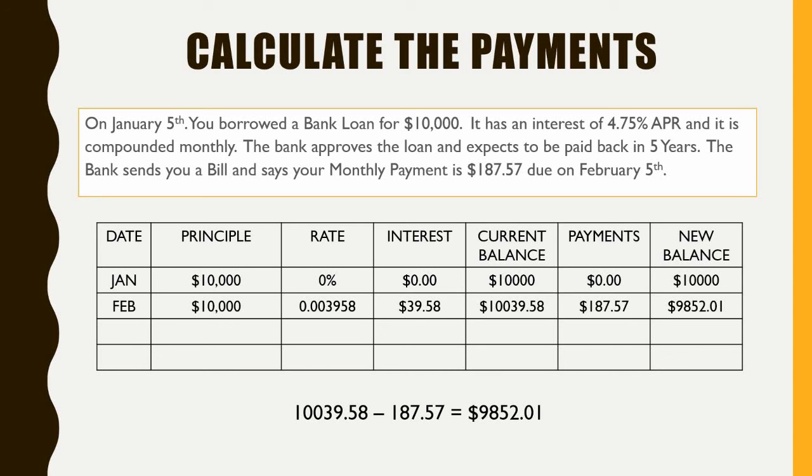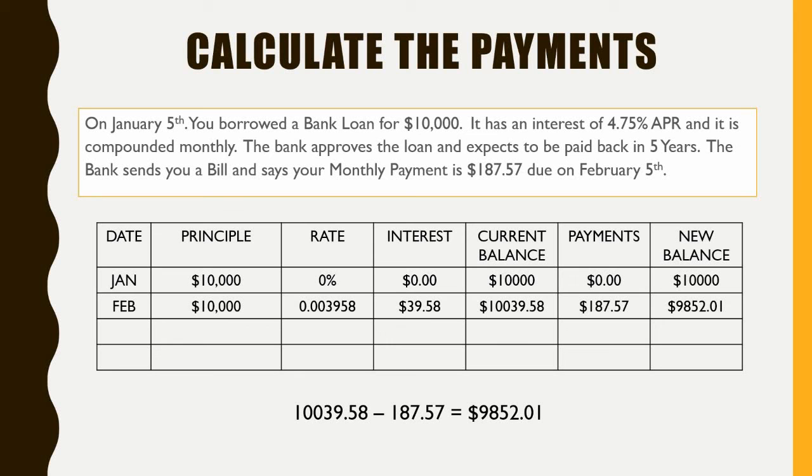So no matter how many times I calculate how much interest there is, that's how you calculate how much it's going to cost you, and to get your new ending balance every single time. So we're slowly decreasing our bank loan, but in reality, we're trying to get rid of it a lot quicker.